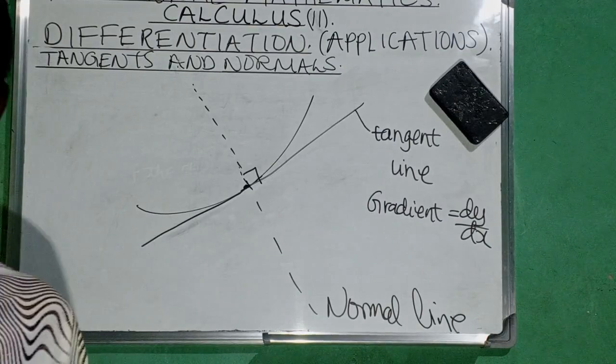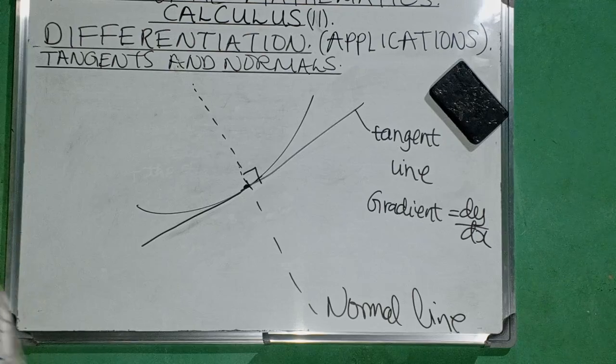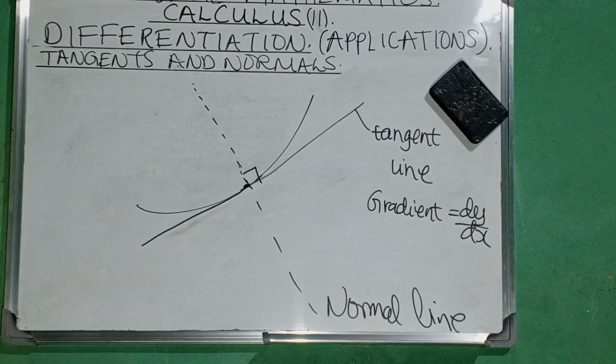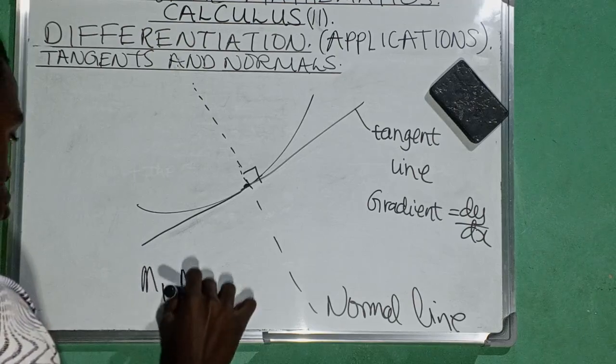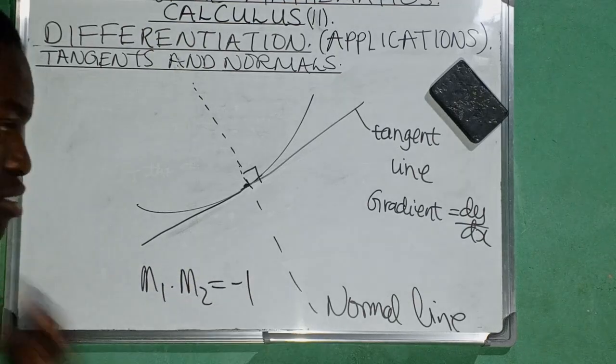So if they ask you to find the gradient for the normal line, since it's perpendicular to the tangent line, we are going to derive from this formula m1 times m2 is equal to -1.